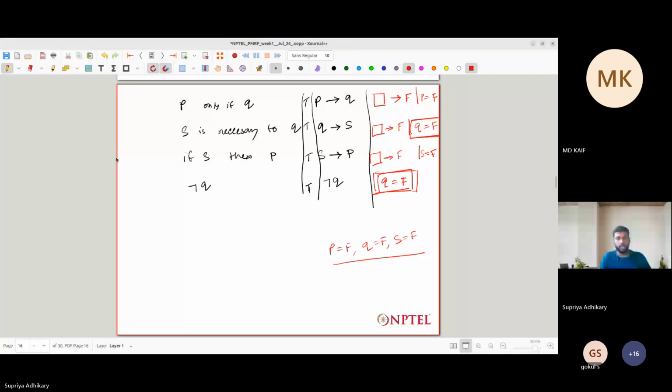But to prove that they are not equivalent, what can we do? We go to the truth assignments.